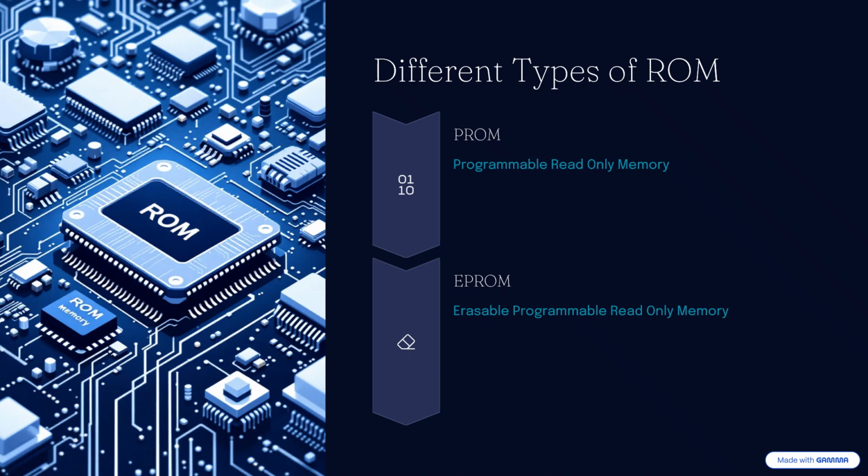The second type is EPROM, erasable programmable read-only memory. Here it can be erased using ultraviolet light and reprogrammed multiple times. It features a transparent window that allows the ultraviolet light to reach the memory cells for erasure.